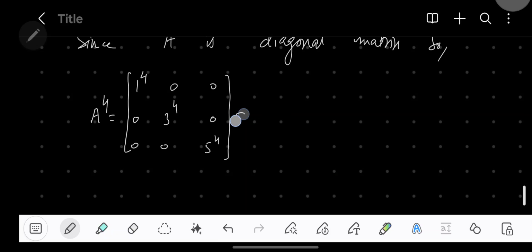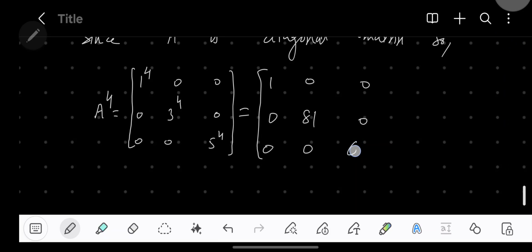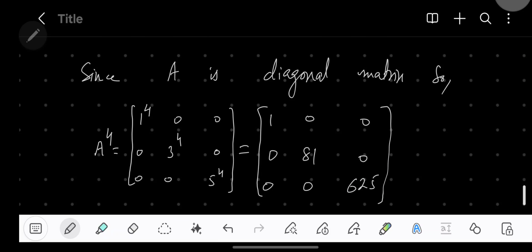Okay, now you can easily calculate these values. 1 to the power 4 is 1 and these are 0. 3 to the power 4 is 81 and the rest are 0, and 5 to the power 4 is 625, and this is the answer.